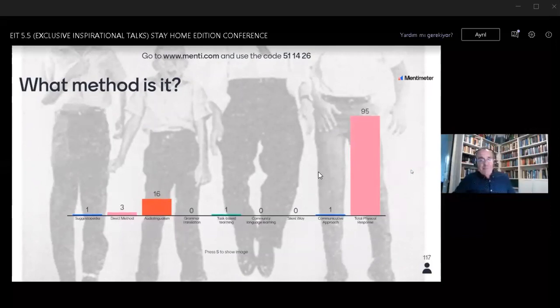It's total physical response. The students are responding with their total body to the instructions in the target language, which in this case is Japanese. And if you remember, TPR, or total physical response, is one of those methods that kind of emerged in the United States principally in the 60s, 70s, 80s, to kind of fill the gap that was created when audiolingualism was in its decline.